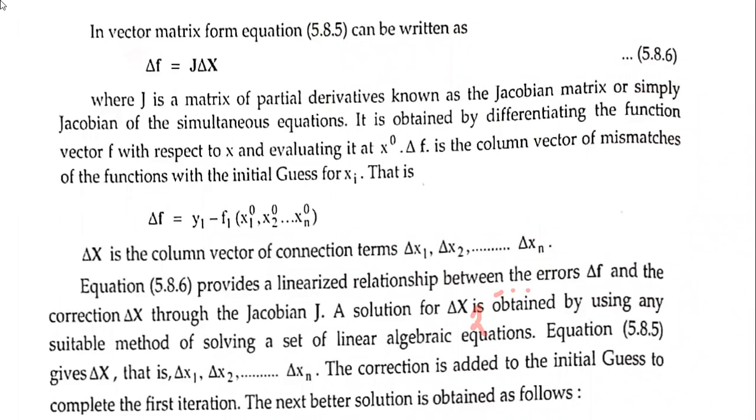The Jacobian of the simultaneous equations is obtained by differentiating the function vector f with respect to x and evaluating it at x power 0.